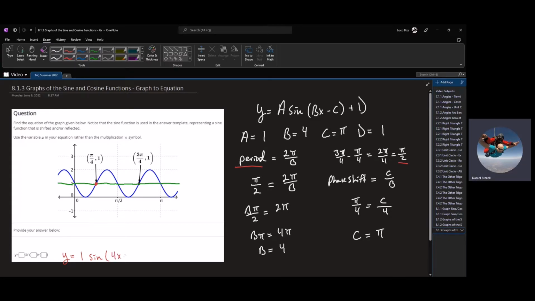And then we know we're shifting to the right, so we have a minus our C, which is pi. Then we have our vertical shift plus D, which is 1. So we have 1 sine of 4x minus pi plus 1. And that's our final answer.